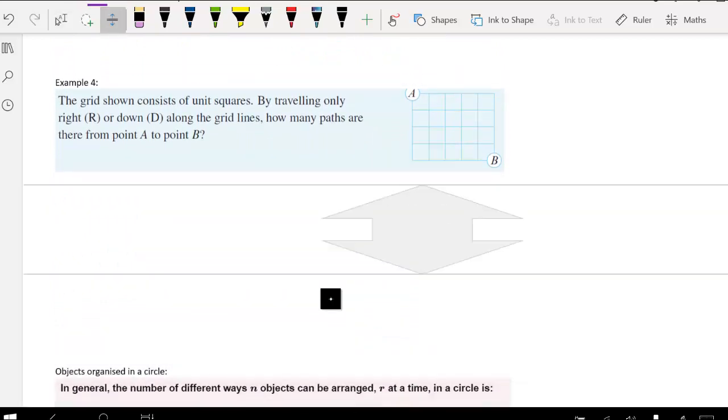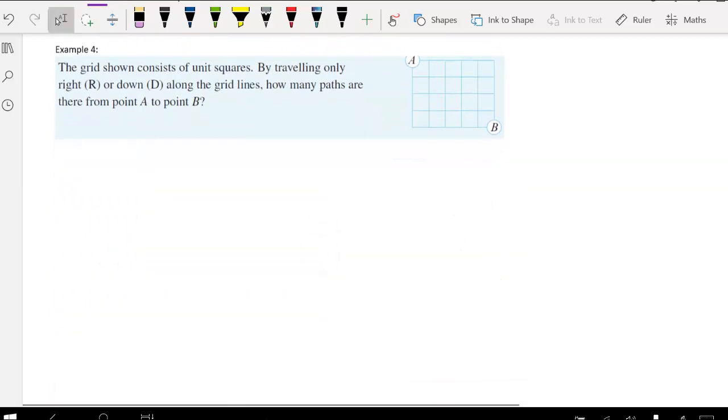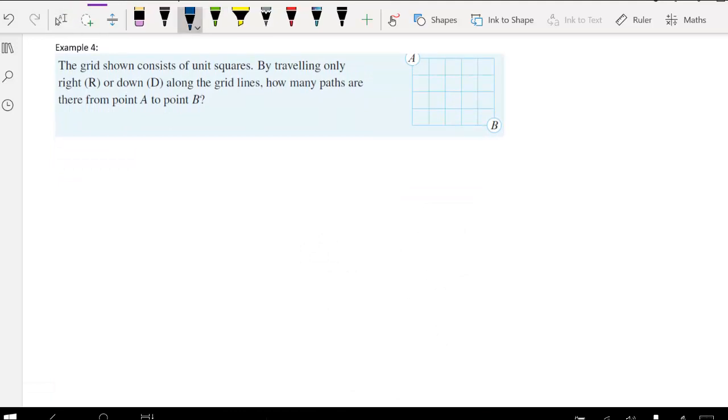When we take this a little bit further and we look at a problem-solving scenario, we've got a grid that consists of unit squares. By traveling only right or down along the grid lines, how many paths are there? So hopefully you can see that we can have any combination of rights and downs.